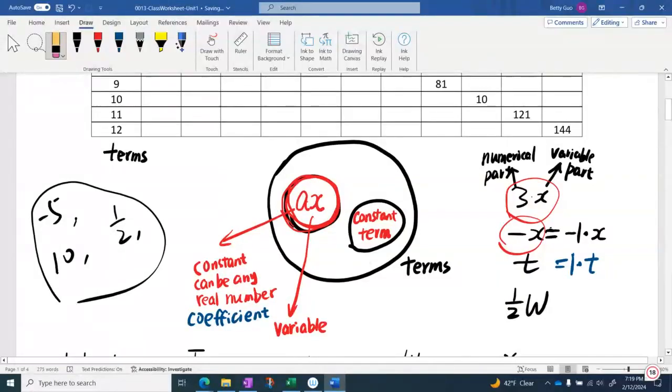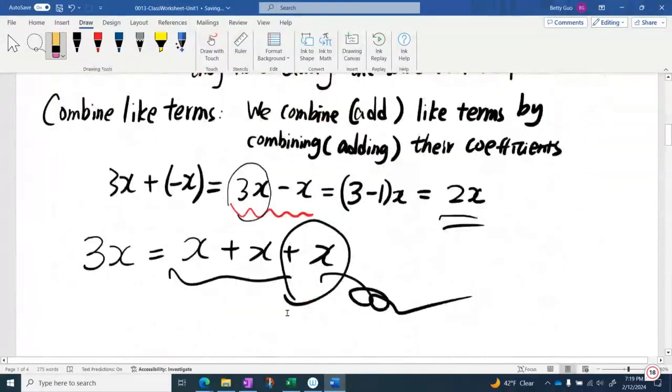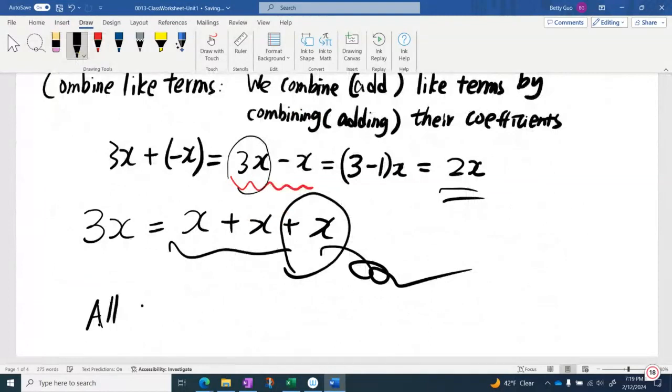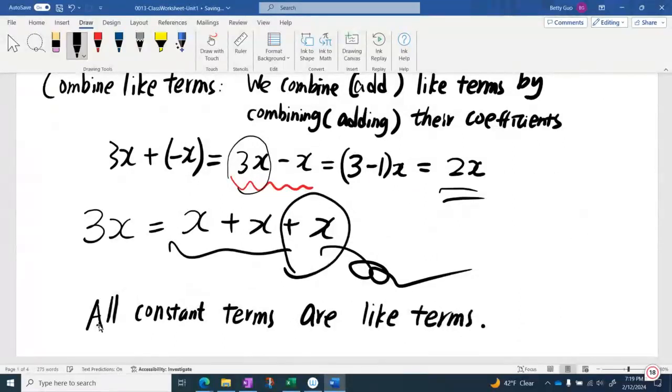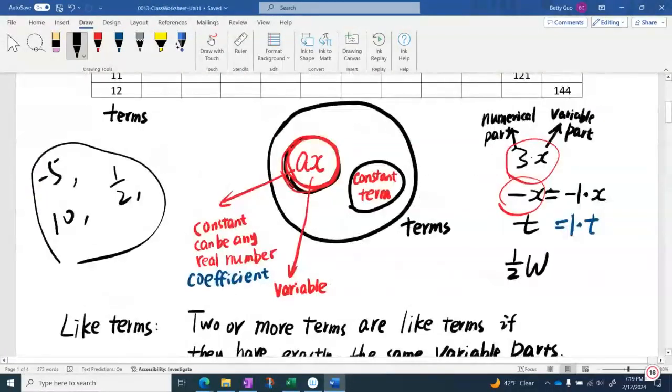Let me write it down. You should include that in your notes as well. All constant terms are like terms. It satisfies the definition as well, because those constant terms do not have a variable part.